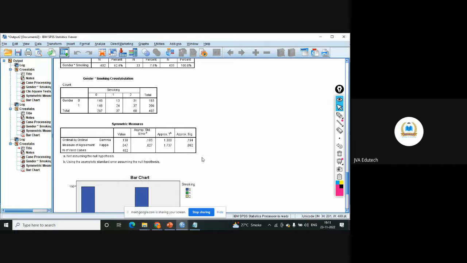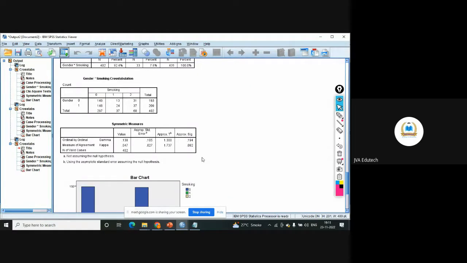So if your categorical variable is nominal, please use kappa, known as the measure of agreement, and if it is ordinal, please use gamma. Both these options are available in cross tabulation. So this cross tabulation helps you to measure whether there exists association between the categorical variables or not.